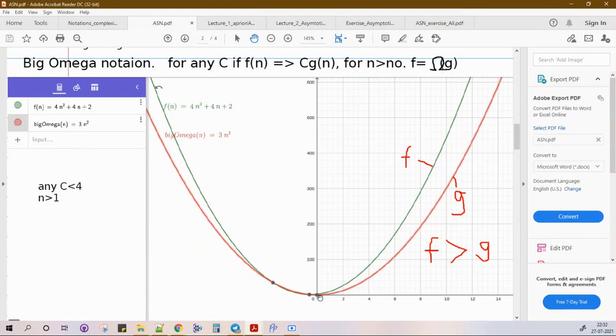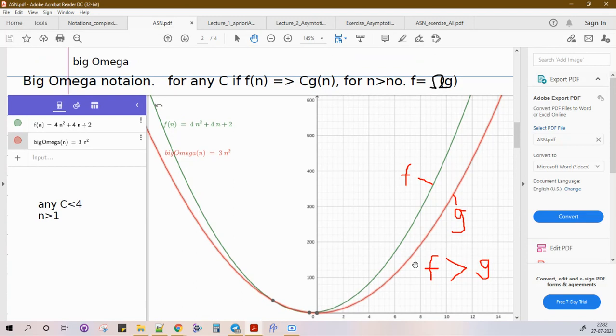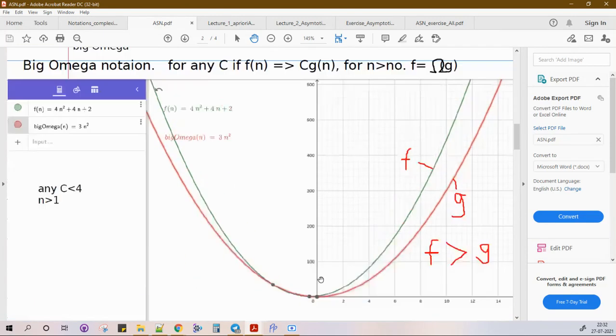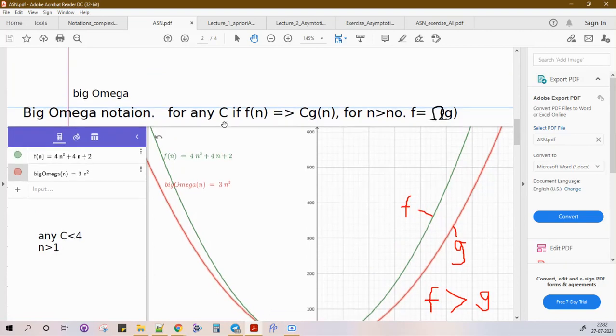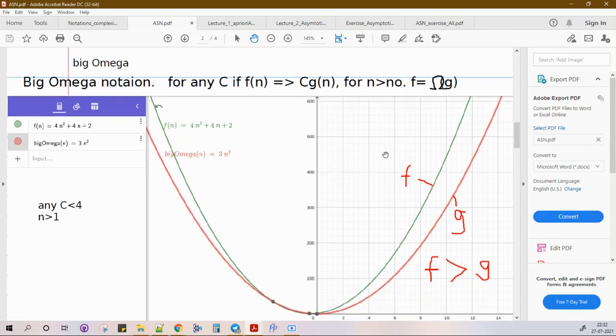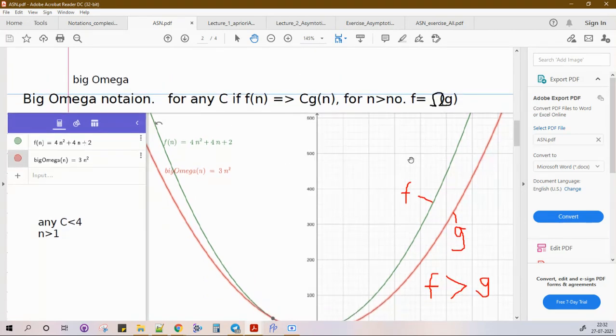After n equal to 0, or n equal to, let's say, 0.5, your g is a lower bound to f, your f is greater than g after this, right? And at n equal to n0, f is equal to g. So that's why we are writing, for some value of c, your function is greater than or equal to c into g of n, right? That's how we are writing big omega.